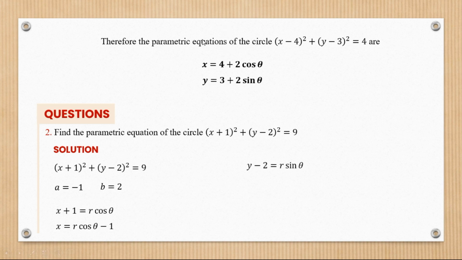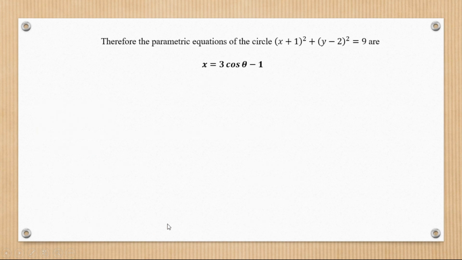Then y minus 2 shall be equal to r sin theta, so y shall be equal to 2 plus r sin theta. Now when we solve r squared is equal to 9, we get r being equal to 3. So plug in the value of 3 for r, and we shall have the parametric equations of the circle being x is equal to 3 cos theta minus 1 and y is equal to 2 plus 3 sin theta, and those are the answers.